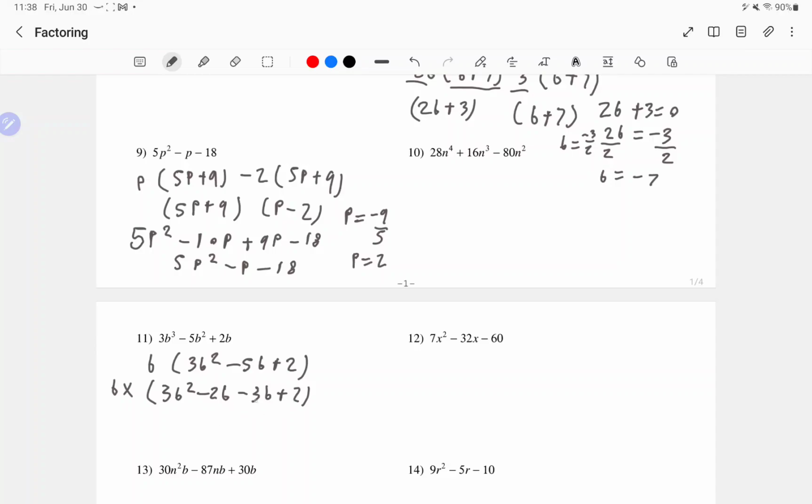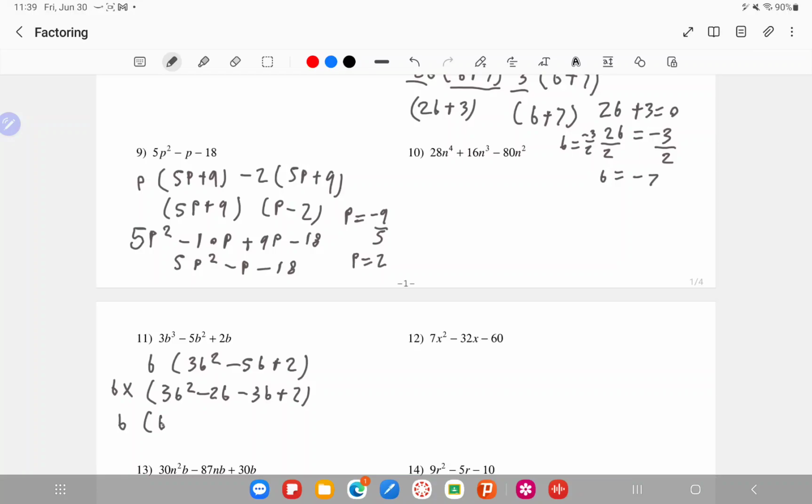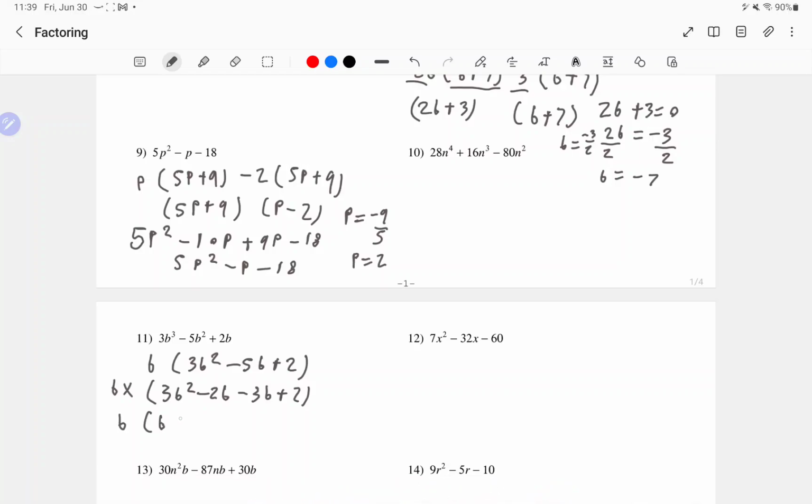So now you have some space to work with. You can actually just start factoring this out. You could do b, and then another b, because you could factor this b out of that b. So it's just 3b minus 2, and then because this is minus, it's just minus 1.